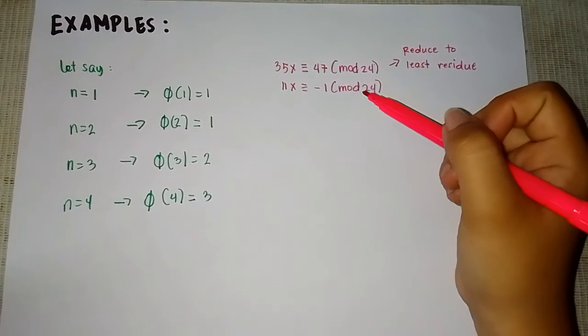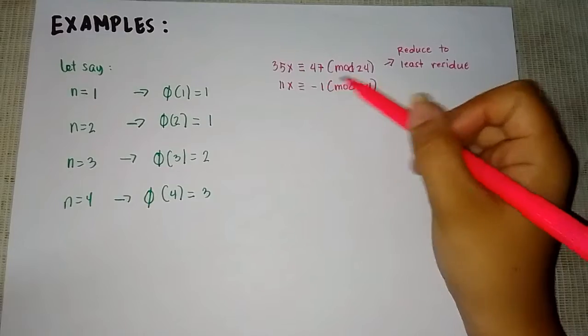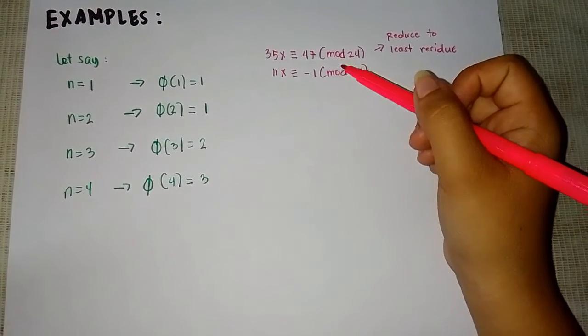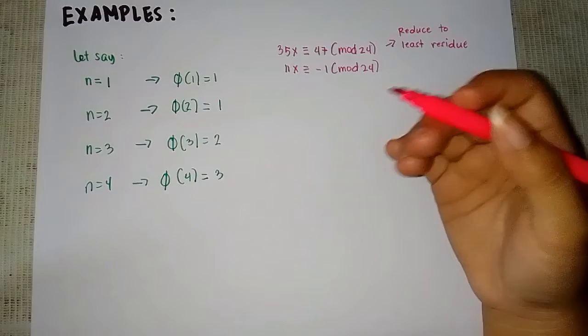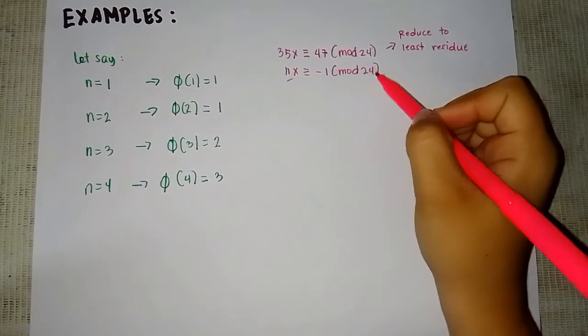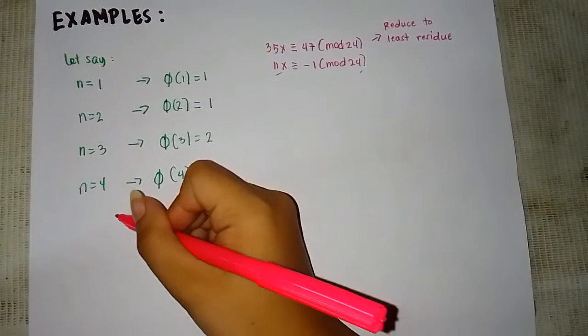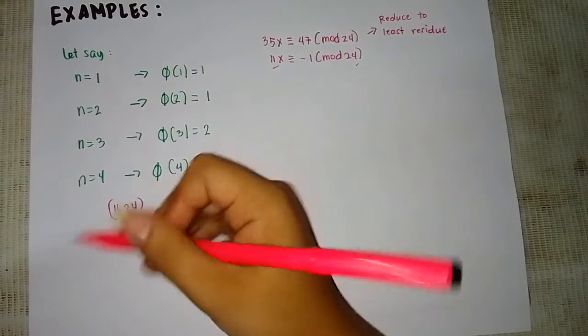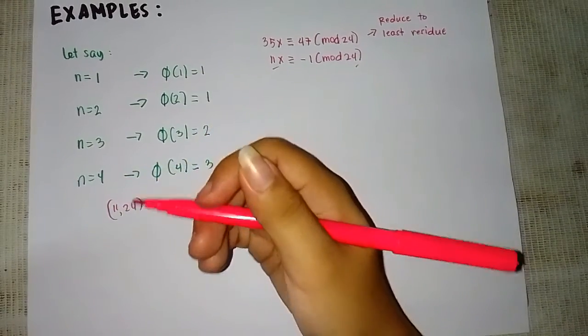At this point, we can't solve this modulo directly, so we'll use Euler's theorem. To use Euler's theorem, we will take 11 and 24. And since 11 and 24 are relatively prime, we'll use Euler's theorem.